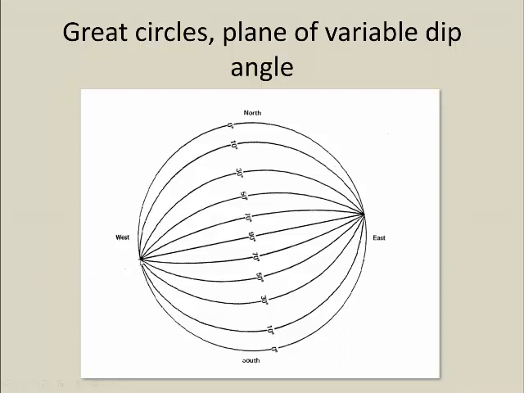So these are the ends of the strike lines, one over here, one over here, and the great circles connect these two ends of the strike lines at various dip angles, shallow towards the rim or steeper closer to the center. And they are bulging all in the dip direction.